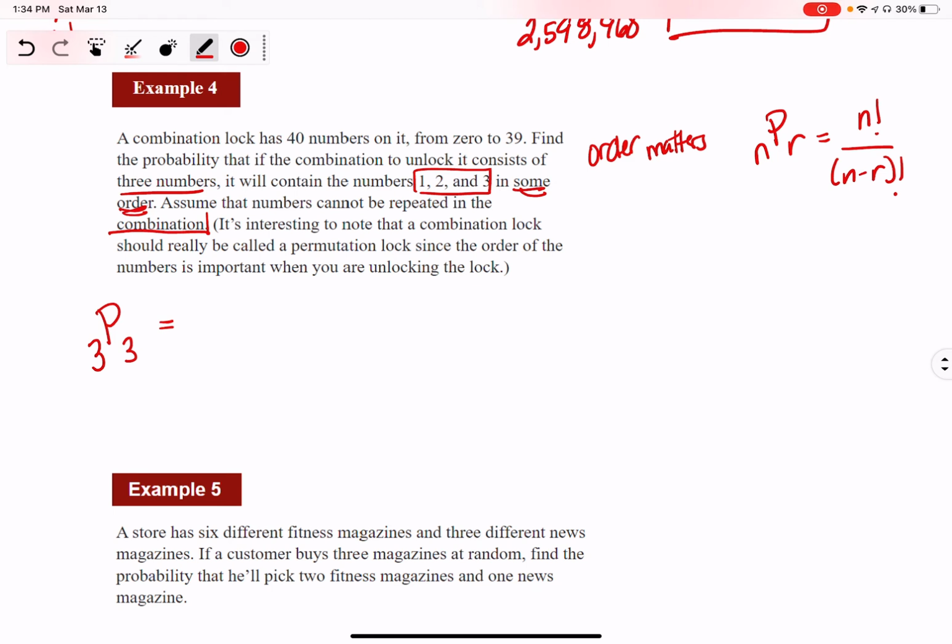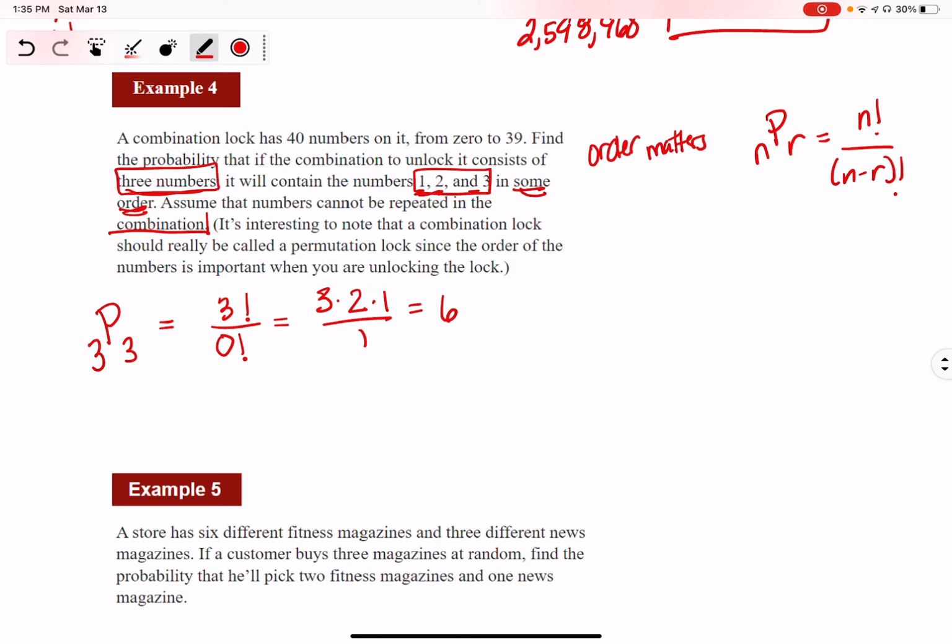Plug those numbers in, and that's because that's 1, 2, 3, and we want 3 numbers, okay? And those numbers are 1, 2, and 3. So we have 3 factorial over 3 minus 3, which is 0 factorial, which we already discussed. So that's 3 times 2 times 1 over 1, which is just 6. So the number of combinations for the lock containing 1, 2, and 3 will be 6.